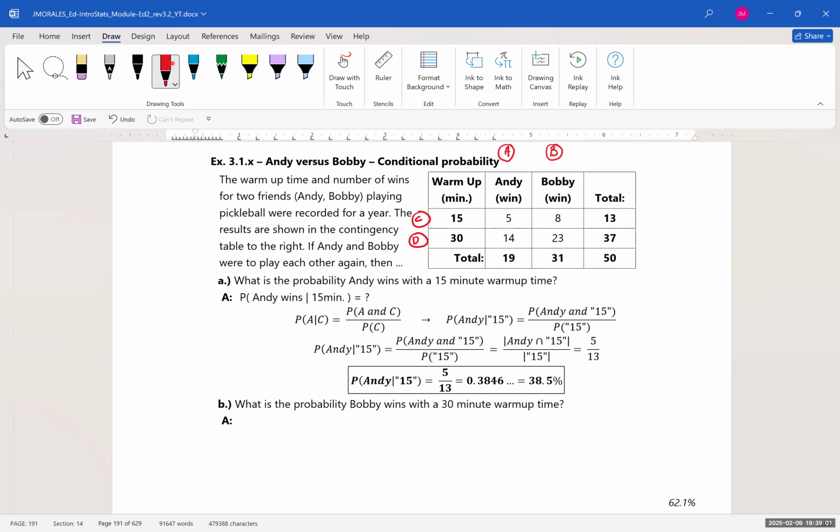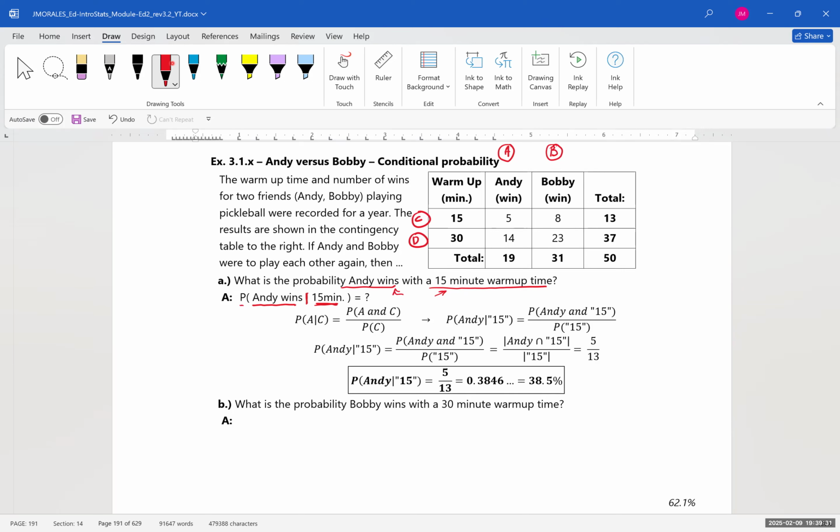Okay, so what is the probability that Andy wins with a 15-minute warm-up time? So what we're looking at is a conditional probability. What's the probability of this occurring if that occurs first? So we're looking at the probability that Andy wins given a 15-minute warm-up time.